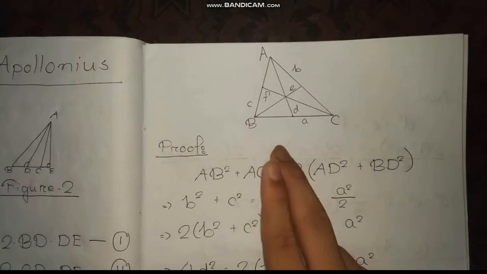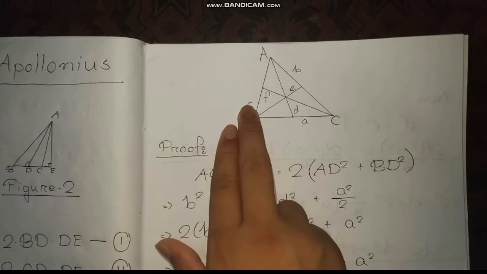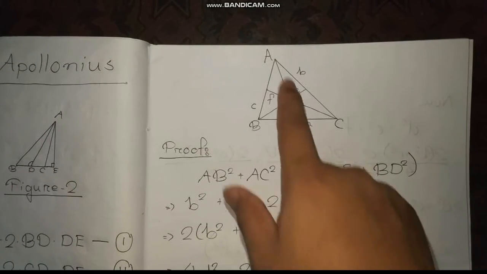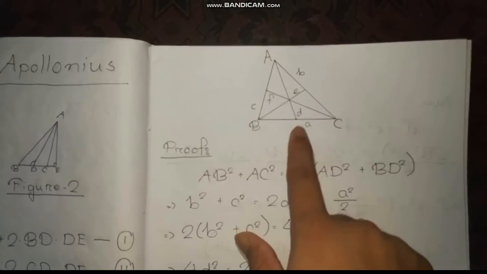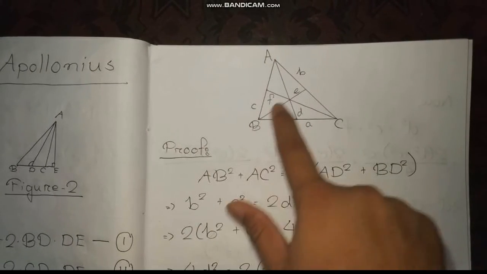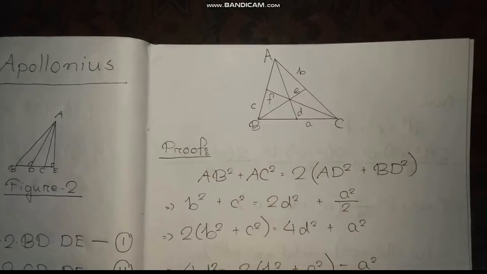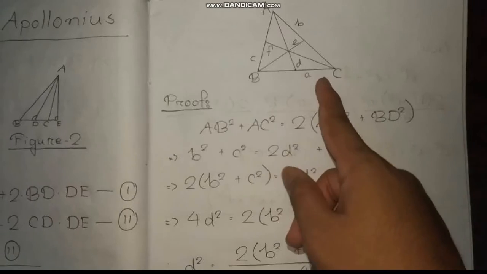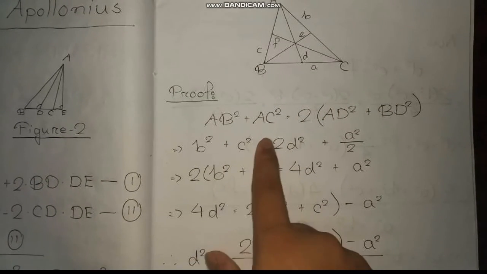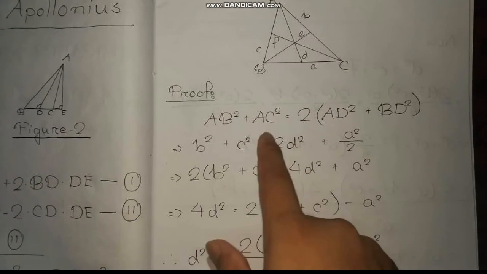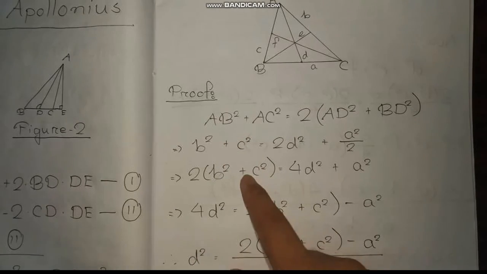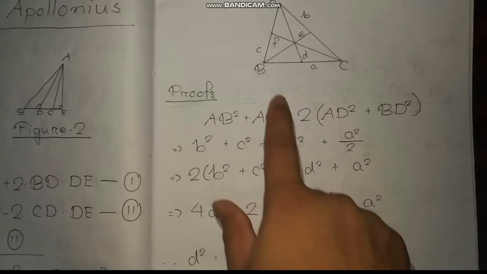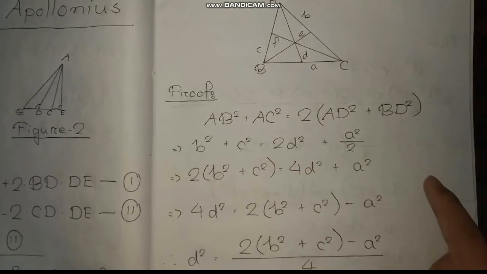Now AB is equal to c, AC is equal to b, BC is equal to a, and the three medians are d, e, and f. So from here we can put the values as single letters. AC squared is b squared, AB squared is c squared, and 2 multiplied by AD squared is 2 d squared, right?